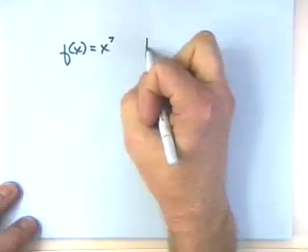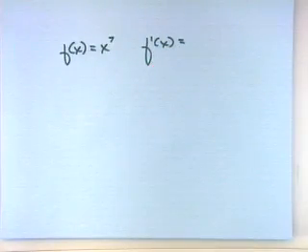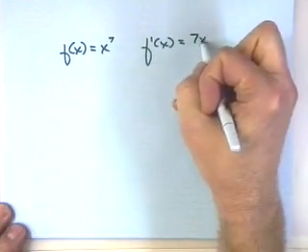So if we have a function x to the 7th, we know that the first derivative or the instantaneous rate of change or the slope of the tangent line to the curve is automatically 7x to the 6th.